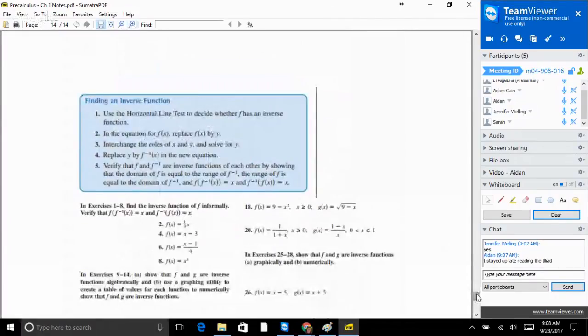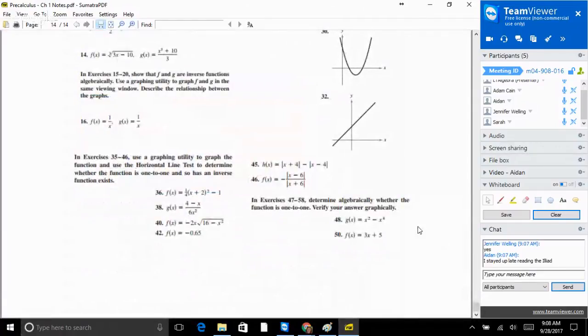All right, so if you'll remember, 1.6 is all about finding the inverse of a function, right? And I don't even remember, was it 1.4, 1.3? One of those sections, we talked about what a function was, right? And we had these criteria for what a function is.